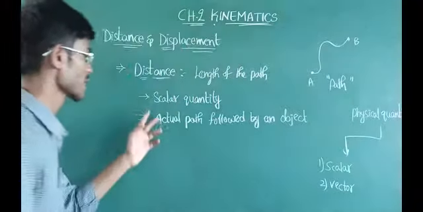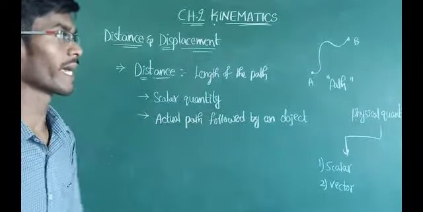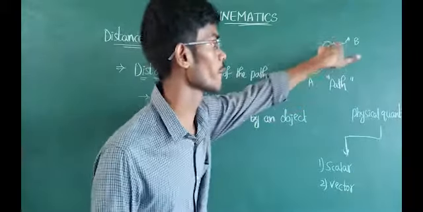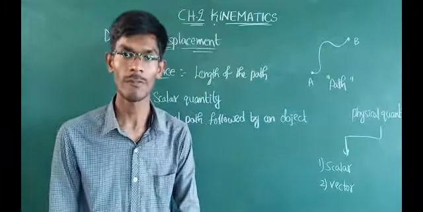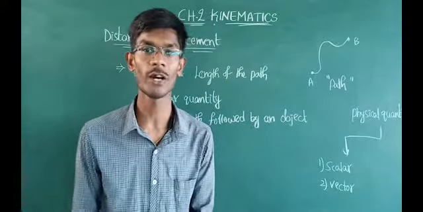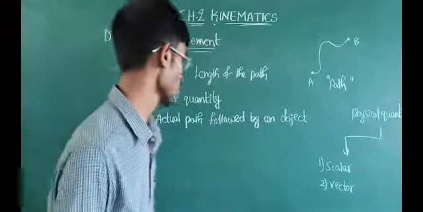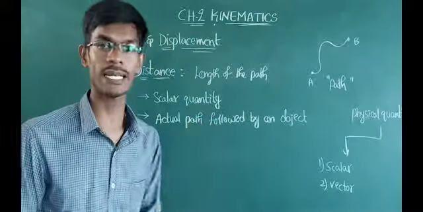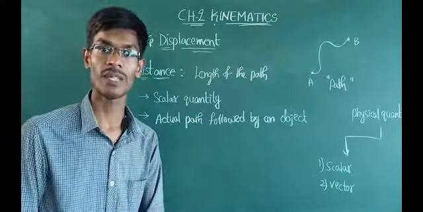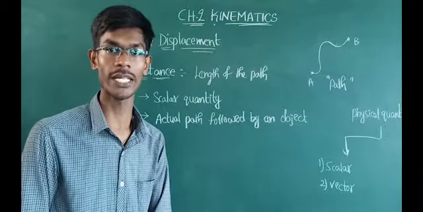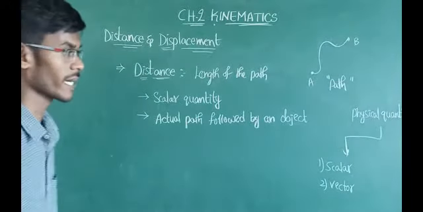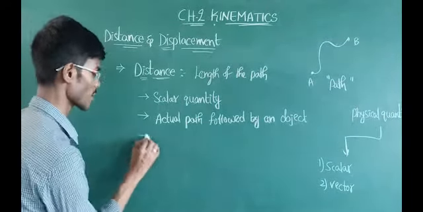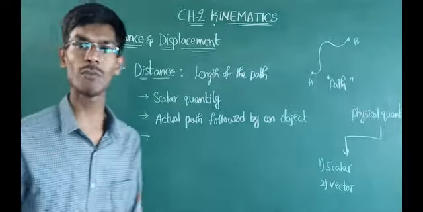See here, distance is the actual path followed by an object. So here from A to B we are just joining the 2 points. That is the actual path that is followed by the object. So distance is a scalar physical quantity. Suppose an object is in motion.